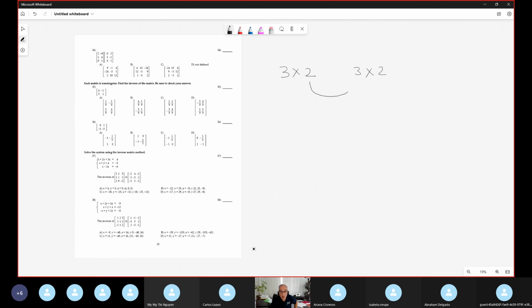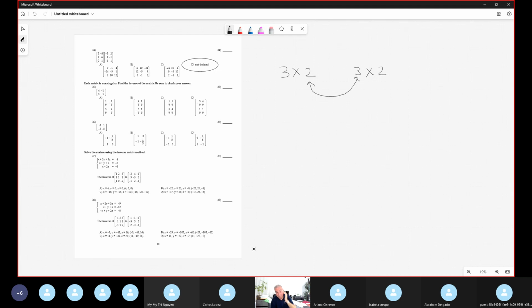Those numbers don't match. So the answer is impossible. Good. Suppose you don't know, and you put it in GeoGebra, and when you try to do the multiplication, GeoGebra says impossible because of mismatching dimensions.